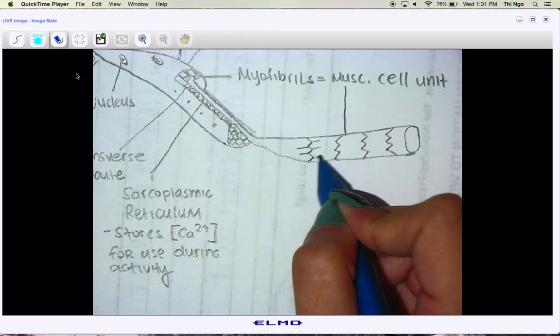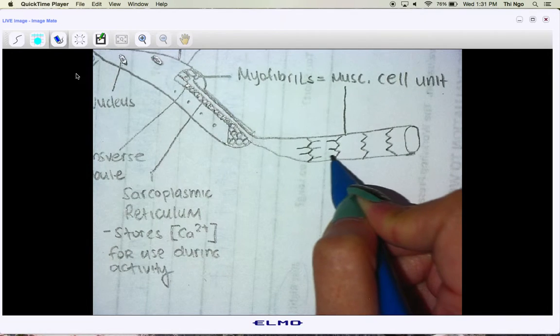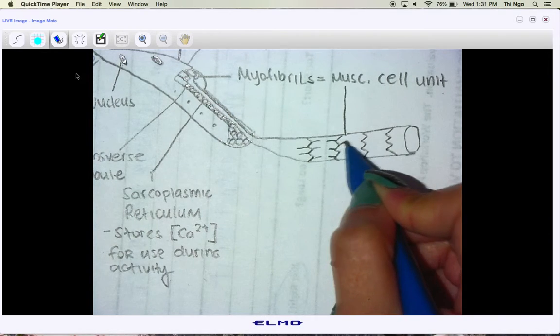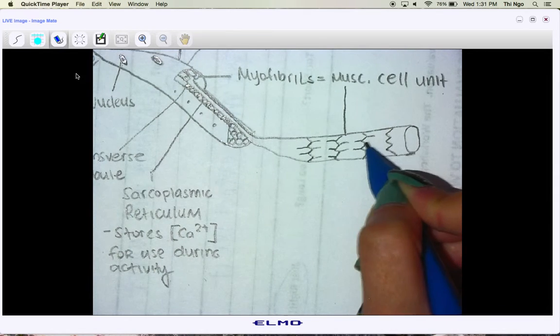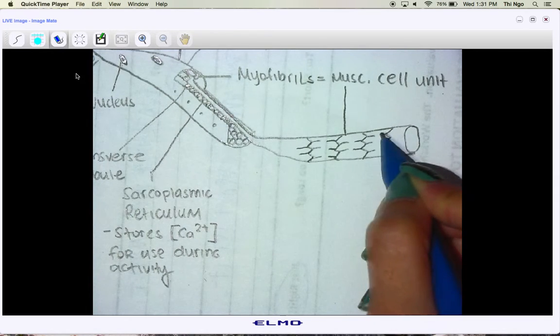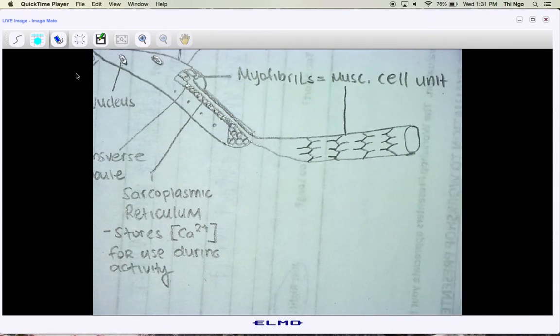And the filament comes towards each other, but they don't actually touch. So these are all actin proteins.